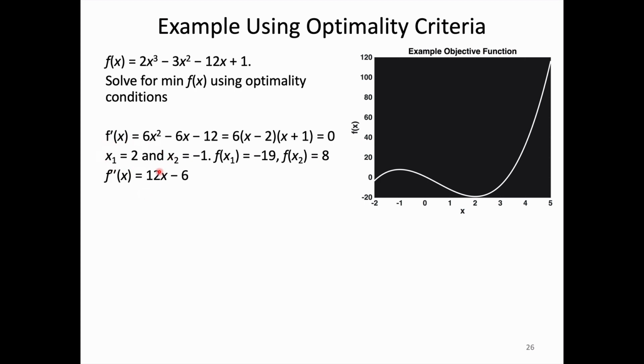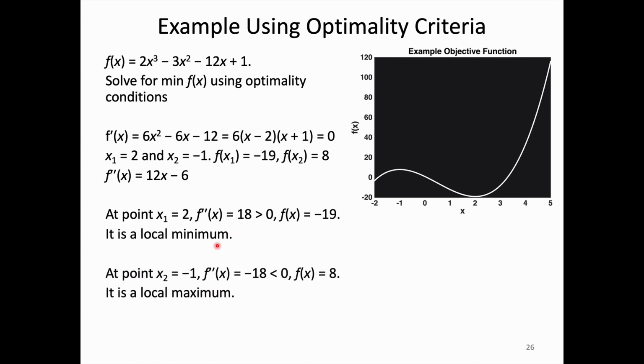These two roots, x1 and x2, are both stationary points. To say authoritatively whether one is a minimum or a maximum, we can look at the second derivative. At x1, the second derivative is positive, and that is therefore a local minimum. But at x2, the second derivative is negative, and so it is a local maximum.